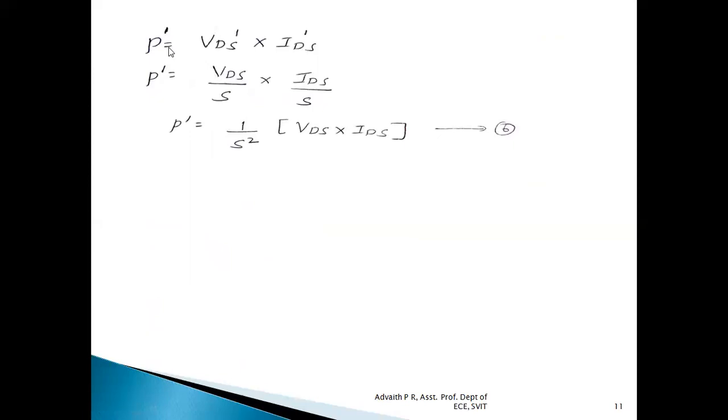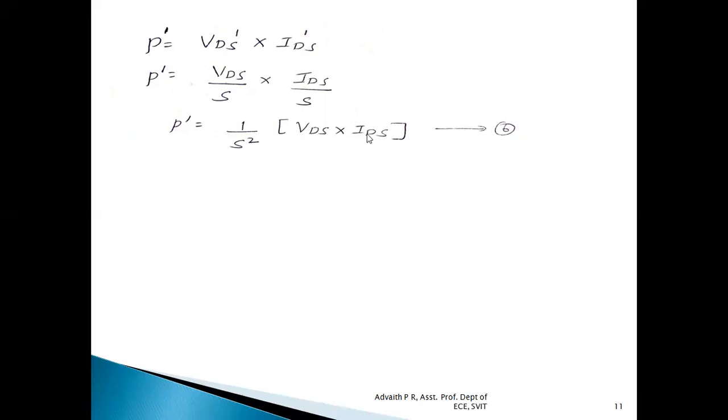So P dash, which is the scaled power, will be equal to VDS dash into IDS dash. P dash will be equal to VDS dash is nothing but VDS divided by S. IDS dash is nothing but IDS divided by S. So I'll write the equation as P dash is equal to 1 by S square into VDS into IDS. I'll take this as equation number 6.